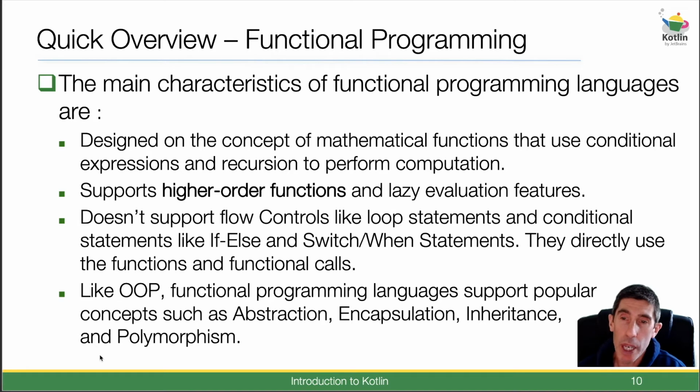But like OOP, functional programming languages support popular concepts such as abstraction, encapsulation, inheritance, and polymorphism. So again, a lot of the stuff that you would be familiar with from Java still applies in the functional world. And again, the later versions of Java now do actually use lambdas and is moving towards that, trying to bring in some functional programming into it.